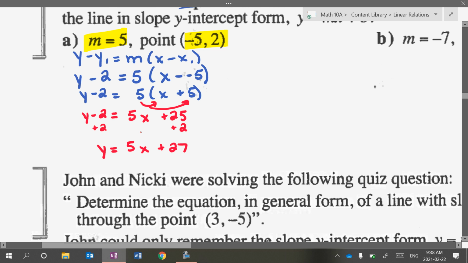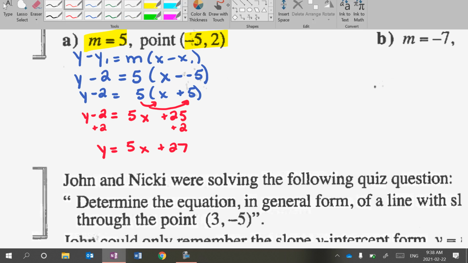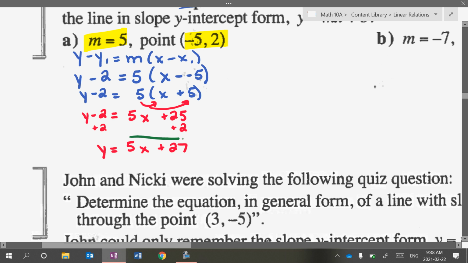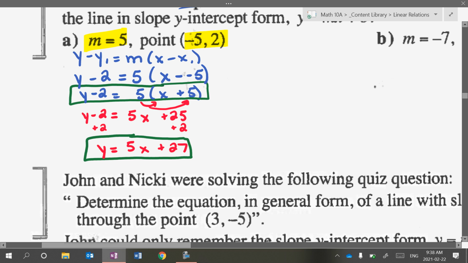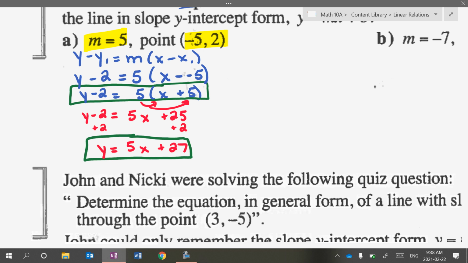So what's really neat here, I mean neat for math, is this equation and this equation, while they look fairly different, will graph the exact same line. If I gave you a Cartesian plane and got you to plot these points and count out your slope, you would get the exact same line for both of these. It's just two different ways to represent the same line.